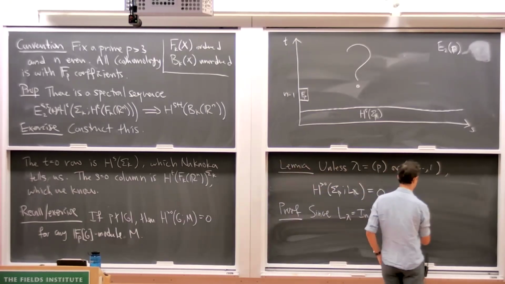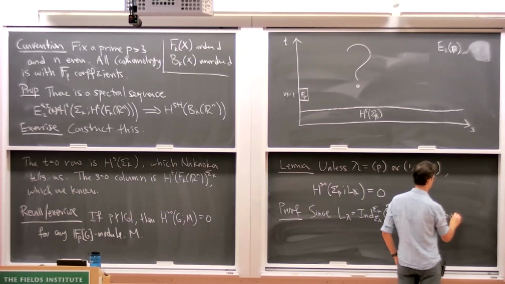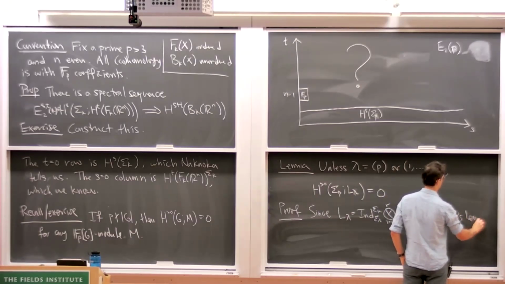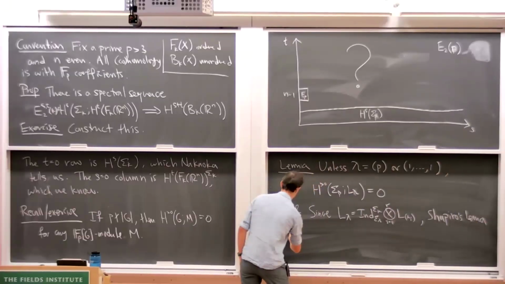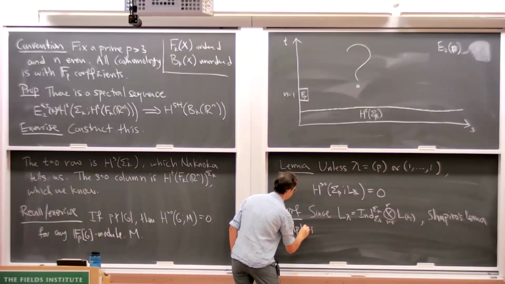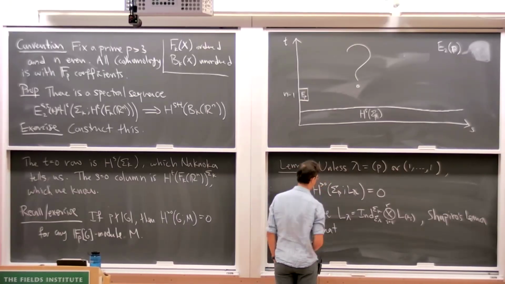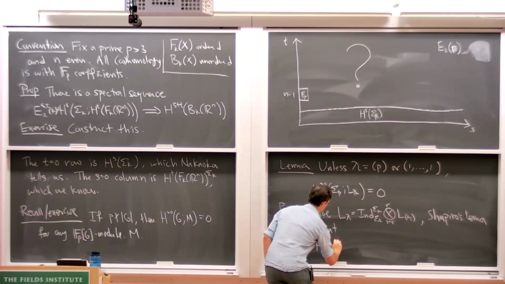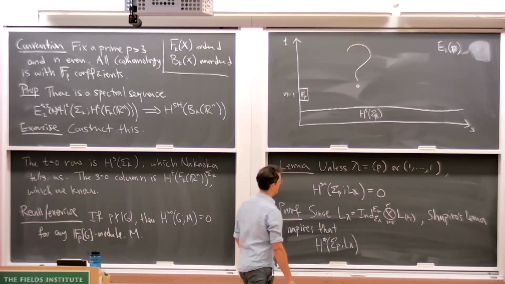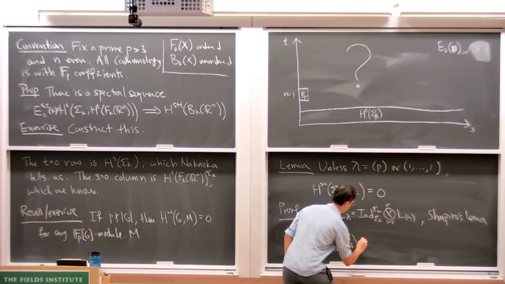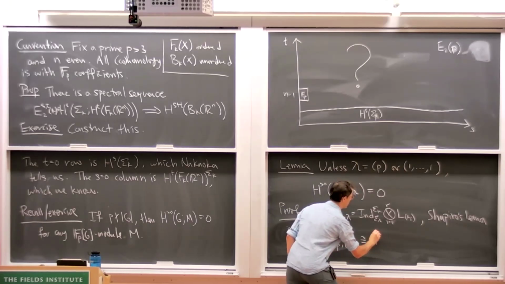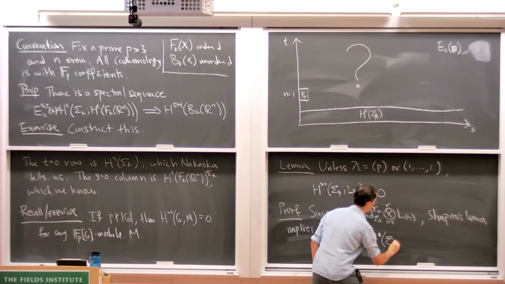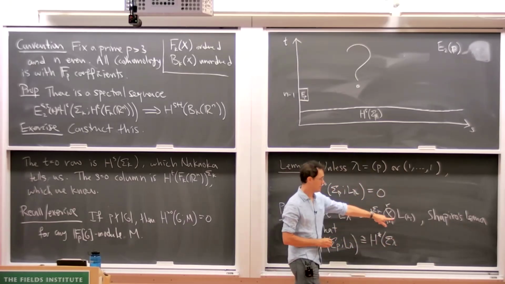So Shapiro's lemma says that the cohomology that we care about, cohomology of sigma p with coefficients in L lambda, is the same thing as the cohomology of sigma lambda, the thing that we induced from, with the original coefficients, the thing that we induced up.